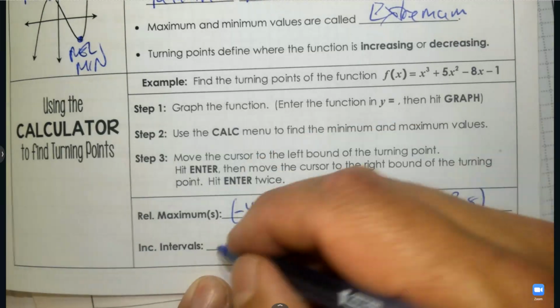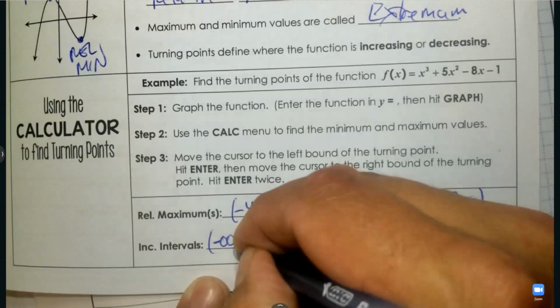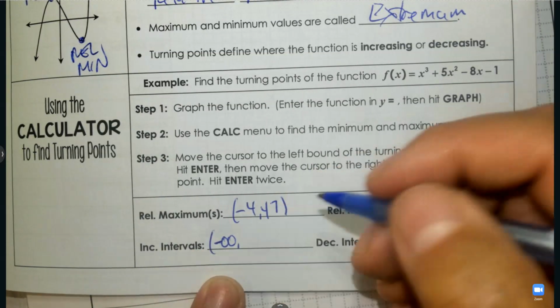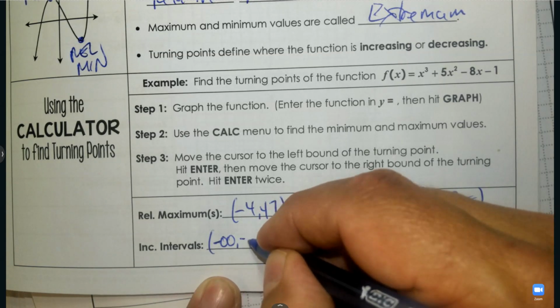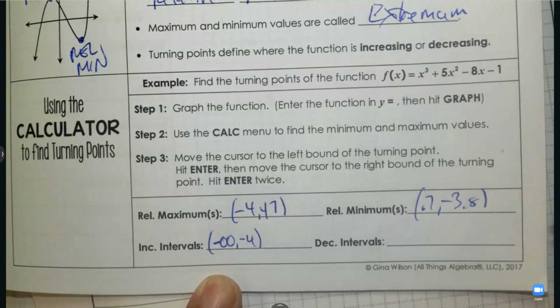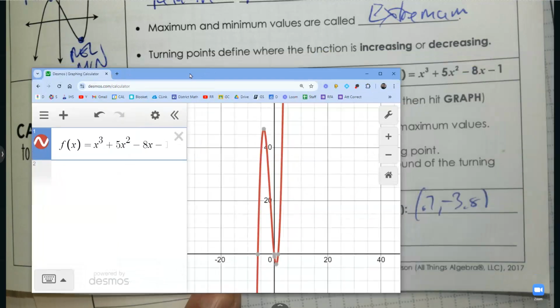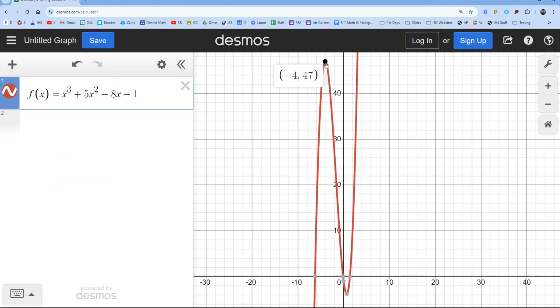So the first part of the graph, in the beginning part of the graph, from negative infinity up to -4, is increasing. Then the next part of the graph, from here all the way here, when the roller coaster is going down to the bottom of the roller coaster, it goes all the way to 0.7.